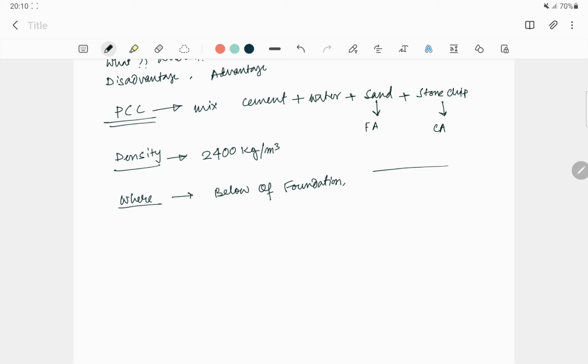Suppose this is your foundation bed. You did soling, brick flat soling, or you may have missed it out. Then generally people do PCC.